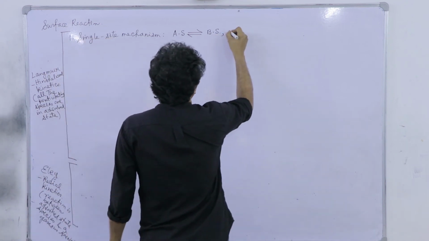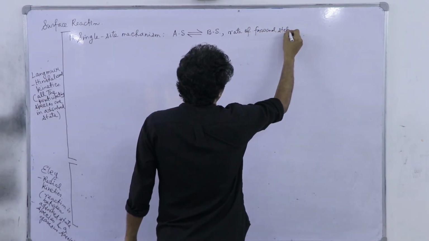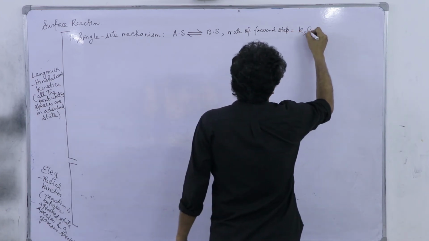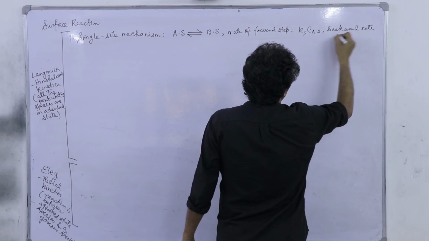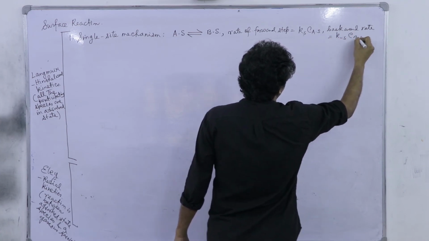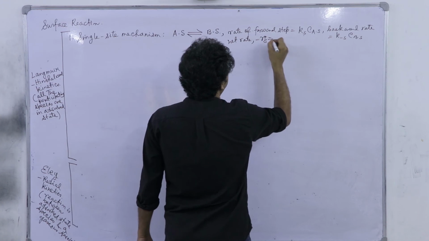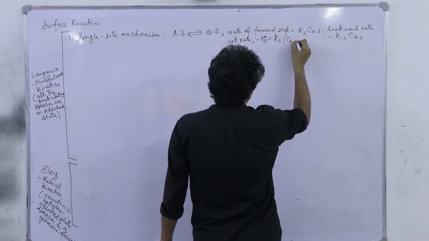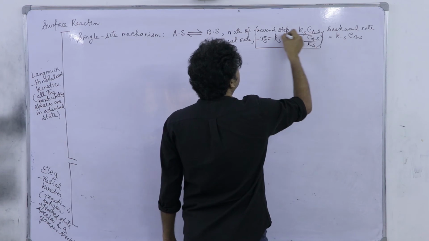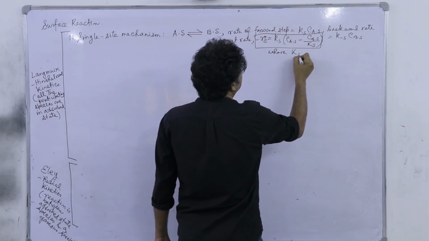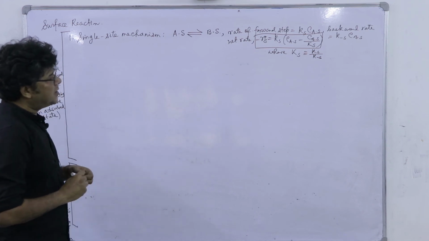So, here you see rate of forward step is Ks into C A dot S, backward rate is K of minus S C B dot S. So, net rate minus R S is K of S C of A dot S minus C of B dot S divided by K capital S, right, where K capital S is Ks by K minus S. So, that is the typical single site mechanism.